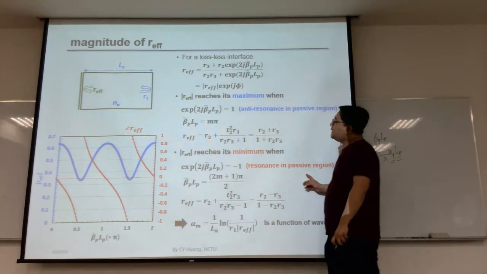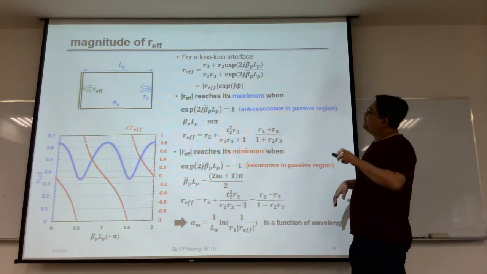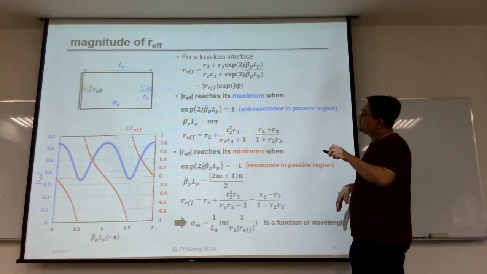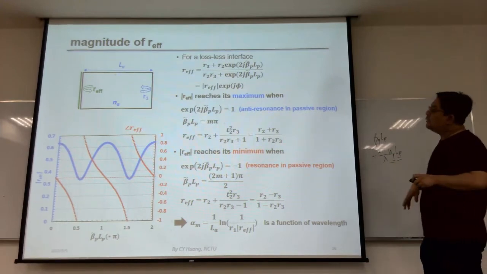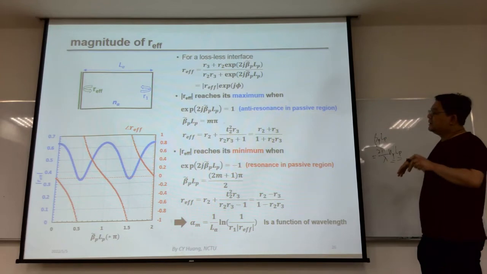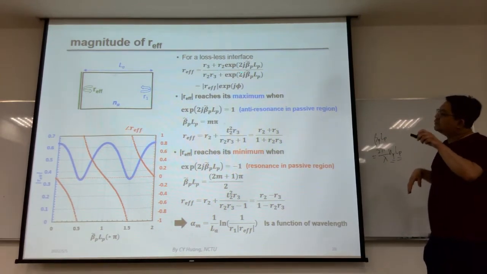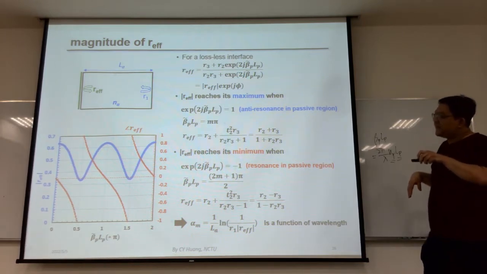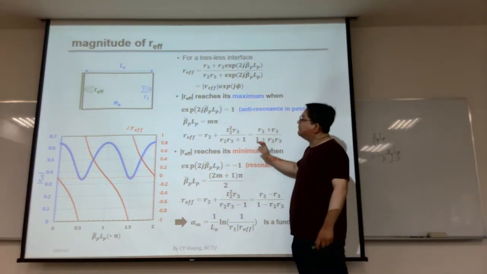So when the R_eff will be maximum, the first case is exponential 2j beta_p L_p equal to 1. It will reach its anti-resonance in the passive region. In the other way, if the exponential 2j beta_p L_p is -1, you will reach its minimum value.